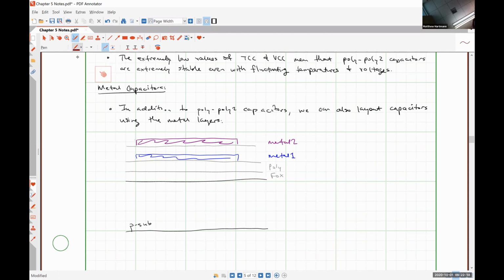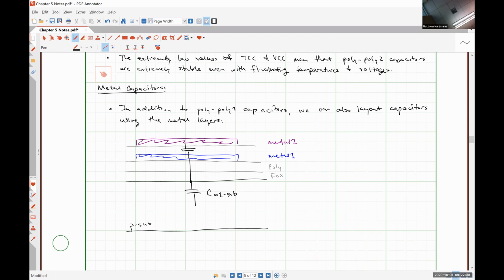It should be fairly obvious that when you put two metal plates on top of each other, they form a parallel plate capacitor, where we'll also have this here, which is C metal 1 to substrate.